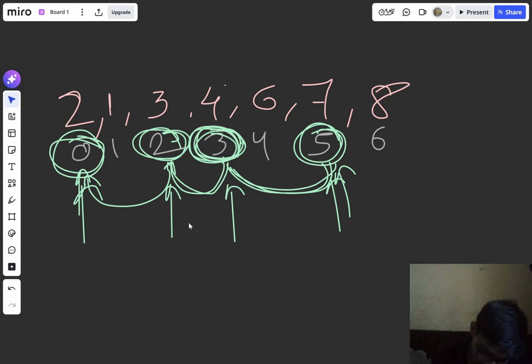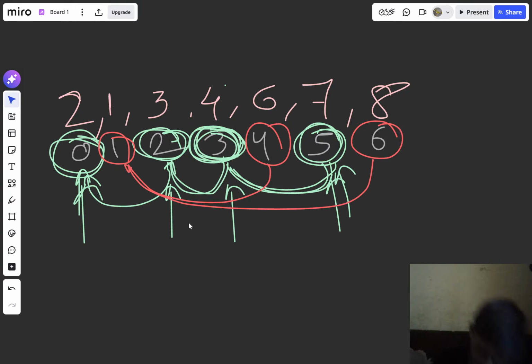Now let's see, if 1 and 4 can swap with each other, then 6 can swap with 1. What you can now observe is that 6, 1 and 4 are all linked with each other, like a graph-like situation.